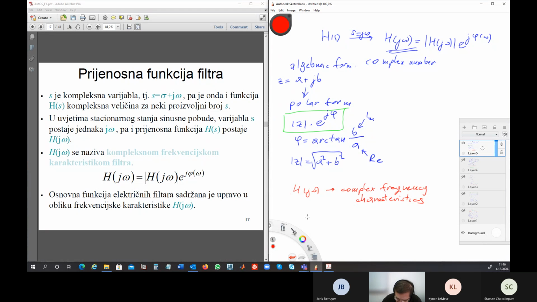Now, absolute H of j omega is called the amplitude frequency characteristics, and phi is called the phase frequency characteristics.